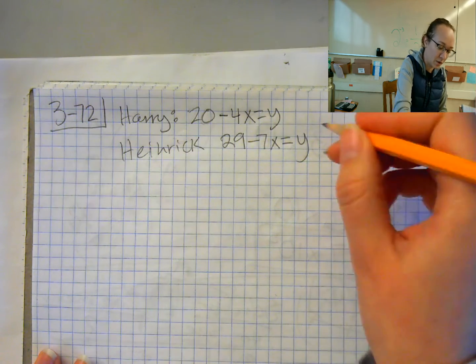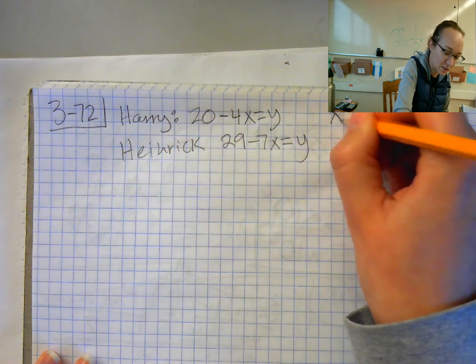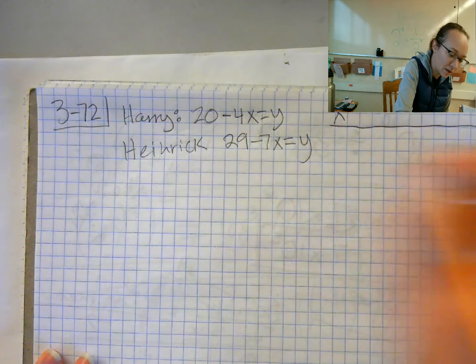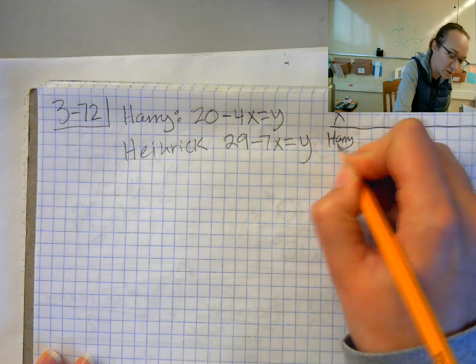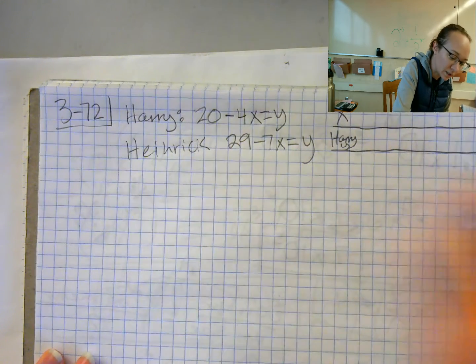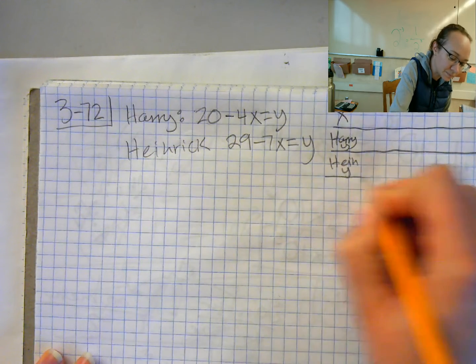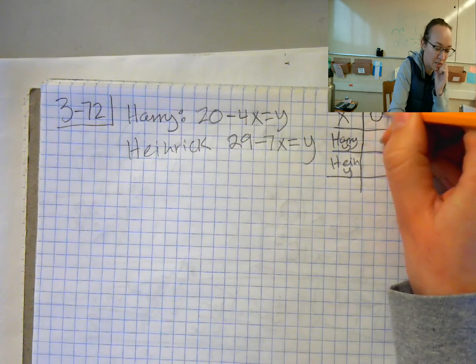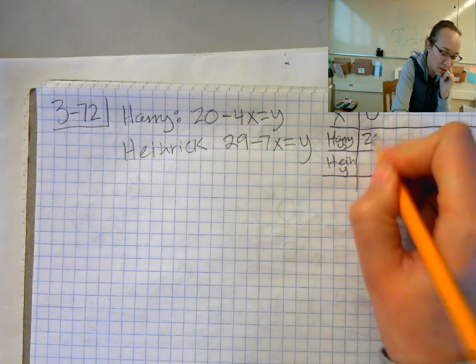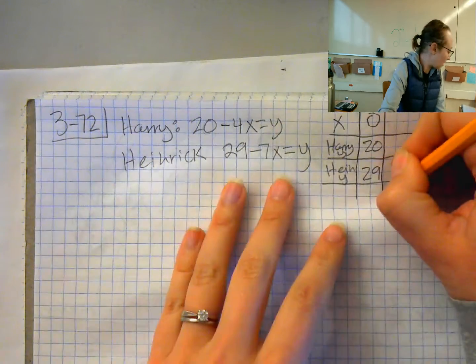I probably would have set it up so that I had x, and then Harry's y, and Henrique's y. So when x is 0, after 0 hours, then Harry has 20 and Henrique has 29.